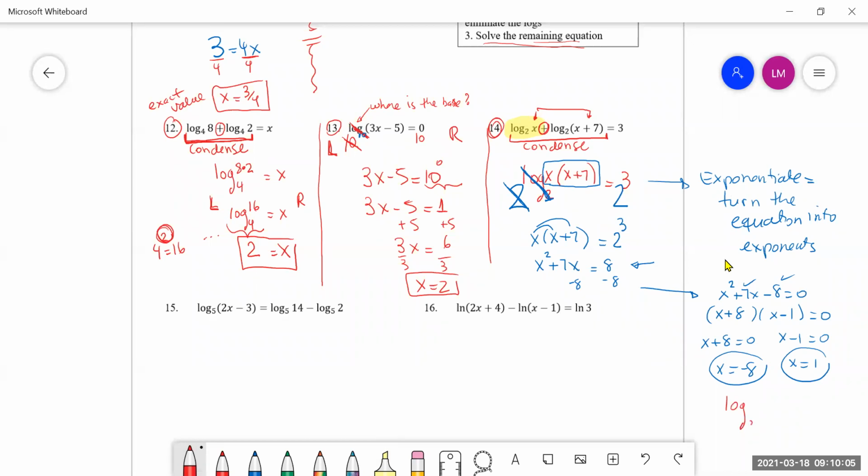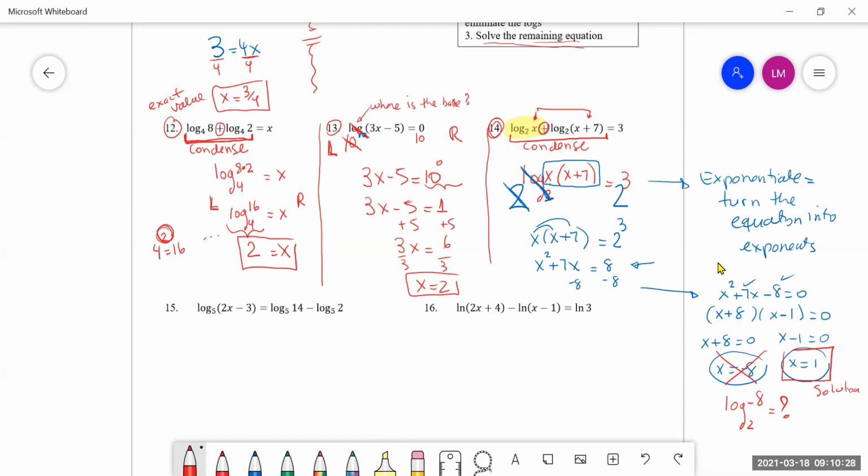Can I have log base 2 of -8? Ask yourself this question. Can that work? No. So it cannot be -8. It has to be x equals 1. That's our only solution right here, x equals 1.